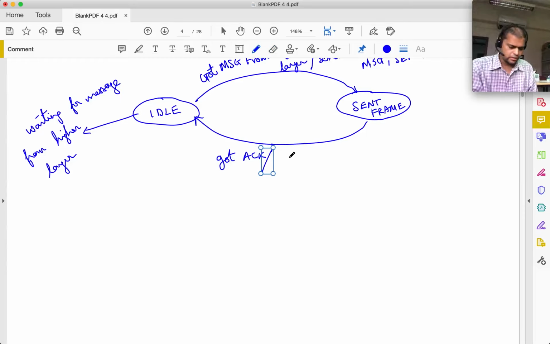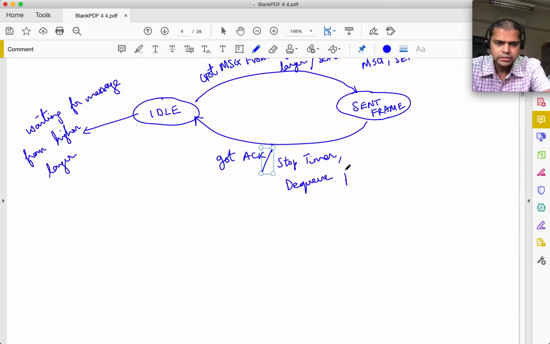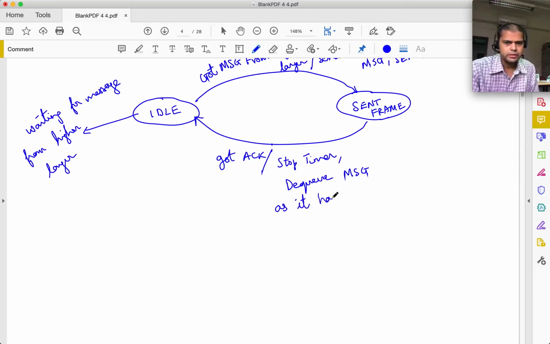So got an acknowledgement, we stop the timer, and in addition we dequeue the packet or dequeue the message because it has been received by the other side.